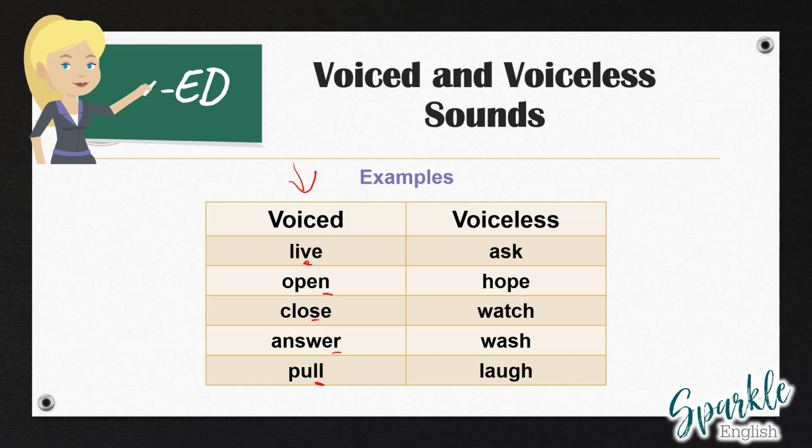All of these verbs end in voiced sounds. And why is that important? Well, if it ends in a voiced sound, we're going to pronounce the ed at the end in the past simple or past participle with a d. So live becomes lived. Open becomes opened.